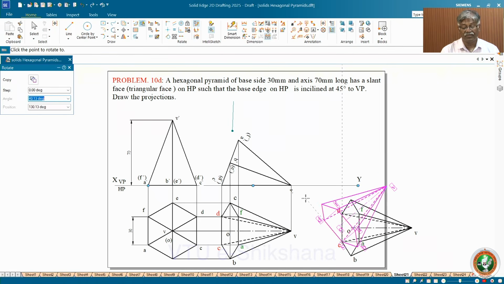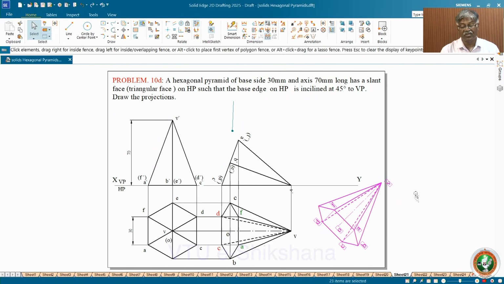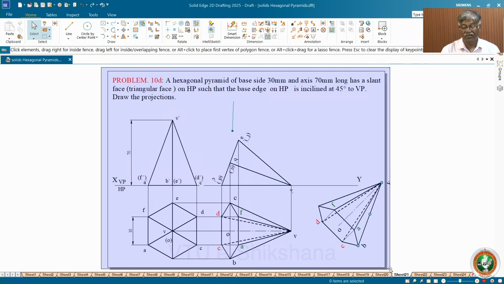And 45 degrees either with the vertical or horizontal. Yeah, so this is how you get it. Now since it is crossing the XY line, if you continue this line, you have to move further. Now what I do is I will select this and then go for a new sheet.